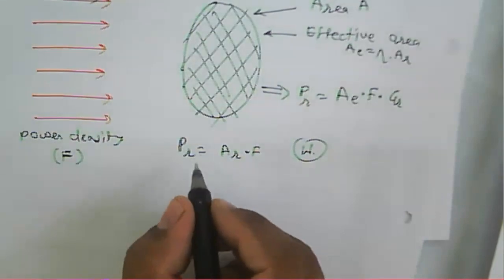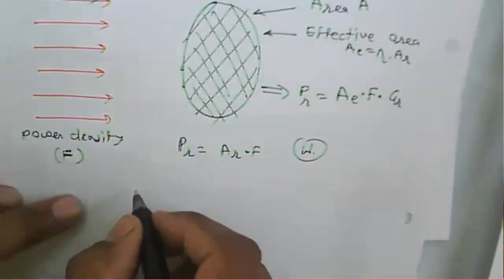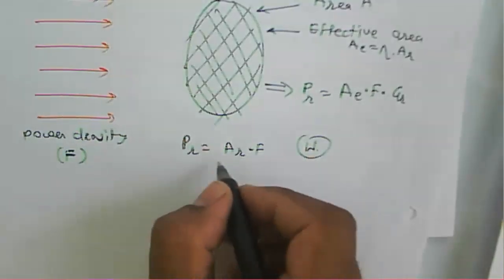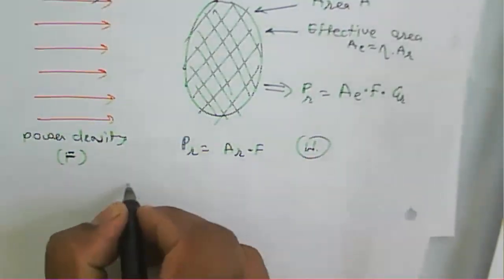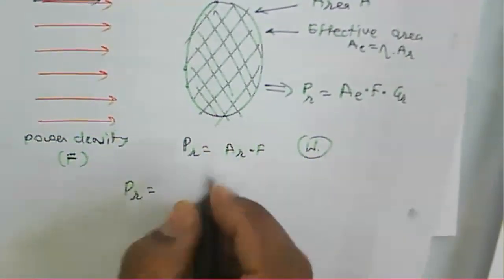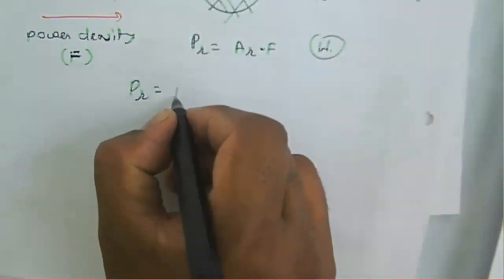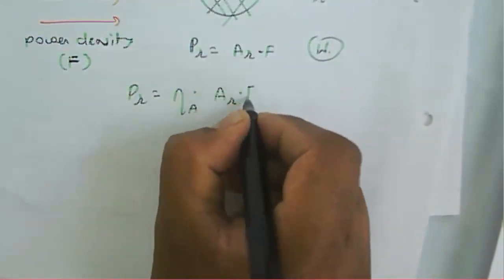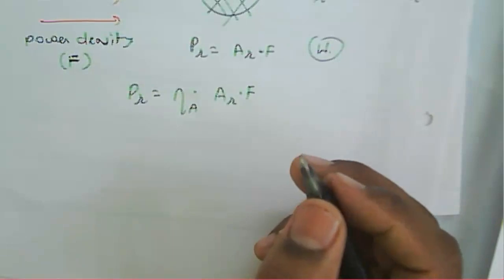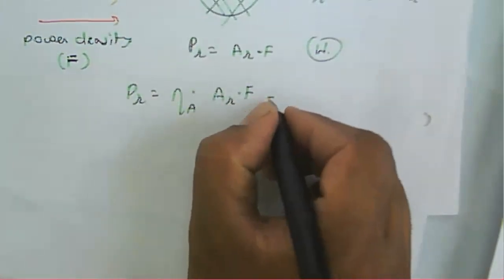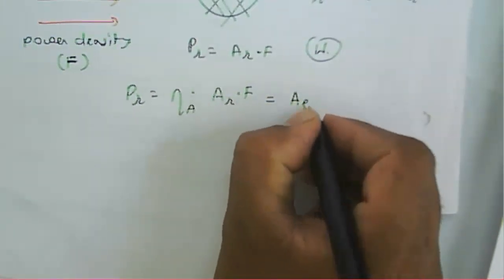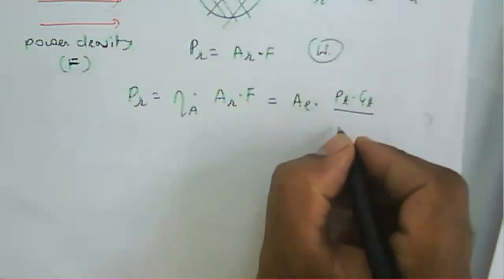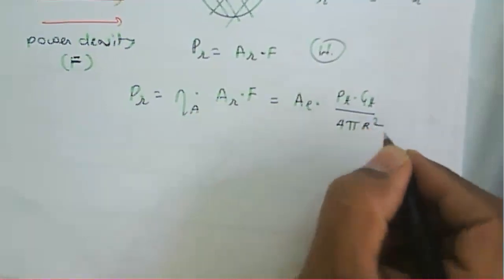Now we can calculate the power received in terms of the antenna efficiency. So we can write the received power in terms of the antenna efficiency as AR into F, or we will get the equation eta AR PT GT by 4 pi r square.